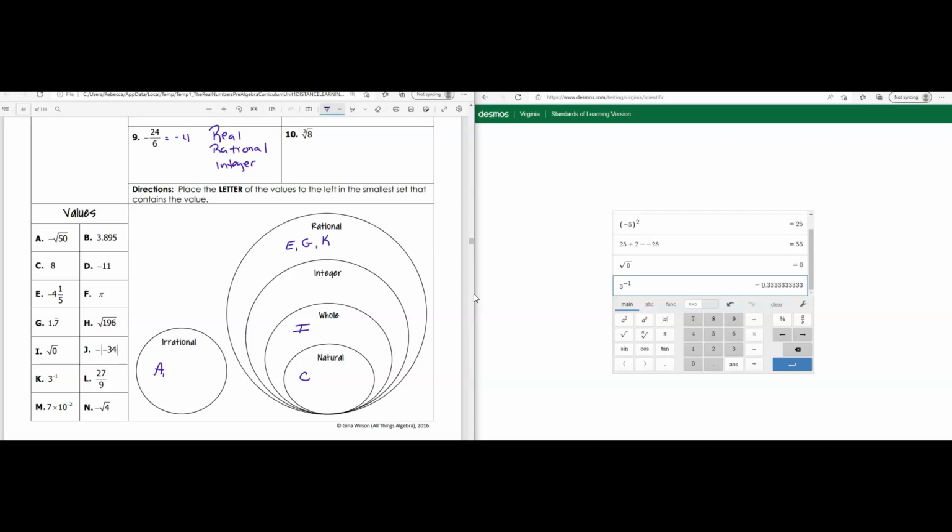And now I've got 7 times 10 to the negative second power. Desmos will not do a negative power like this, so you're going to have to move the decimal 2 places to the left. I have 7. My decimal's here. 1, 2. So I've got 0.07. And that is a rational number.